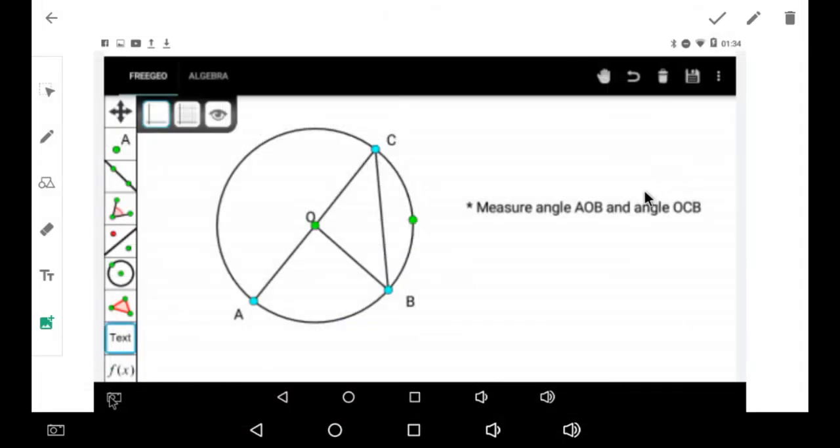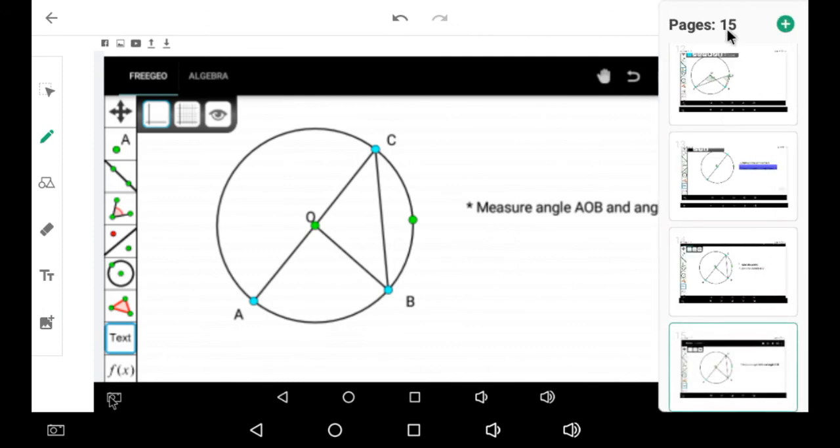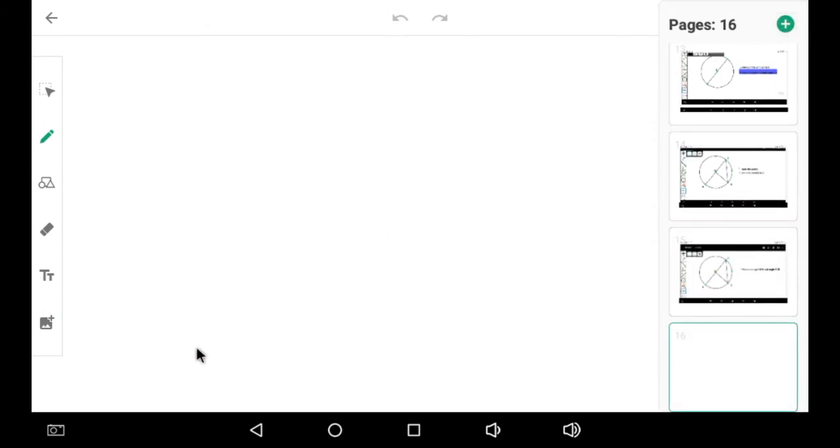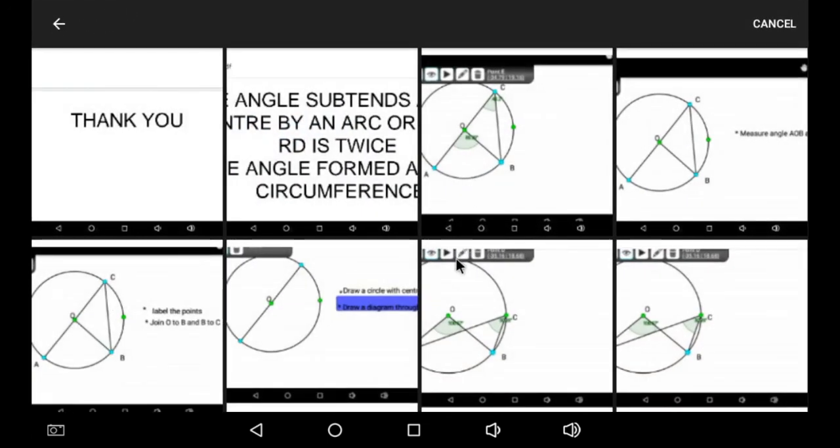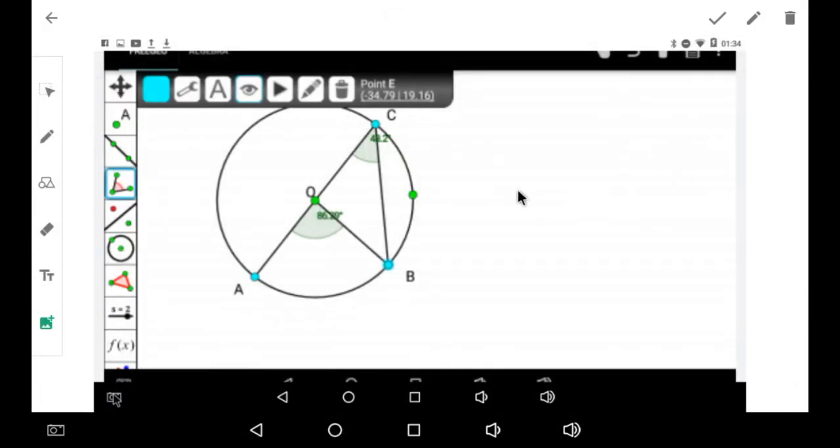I'm going to measure angle AOB and angle OCB. These are the values I had.